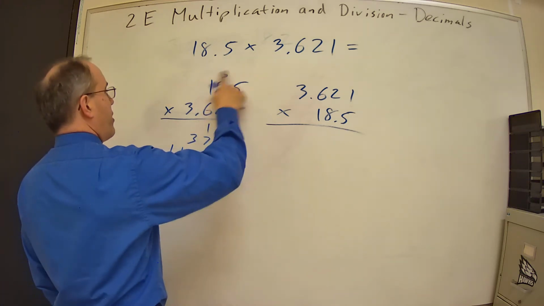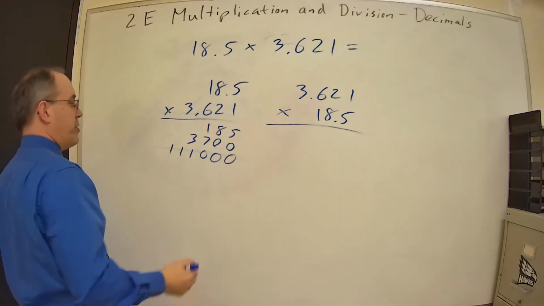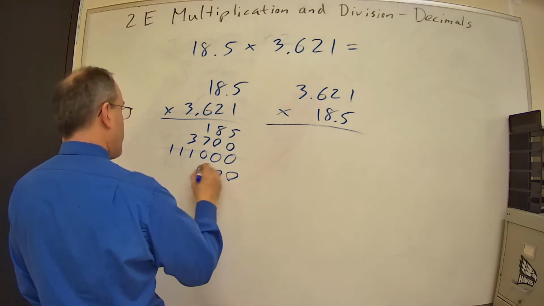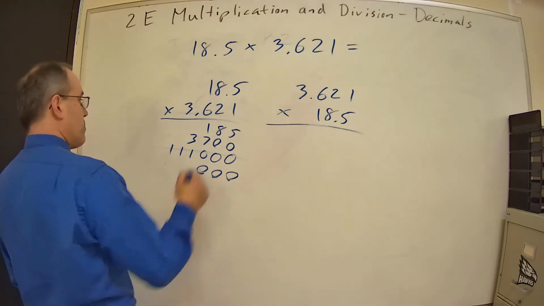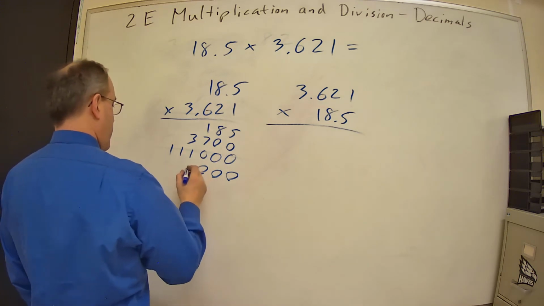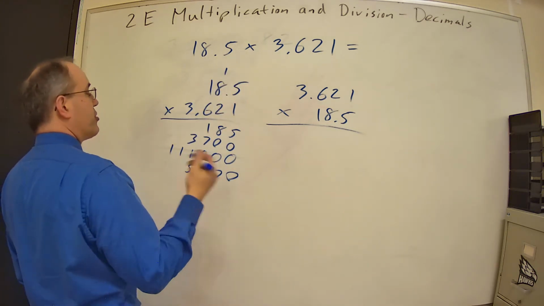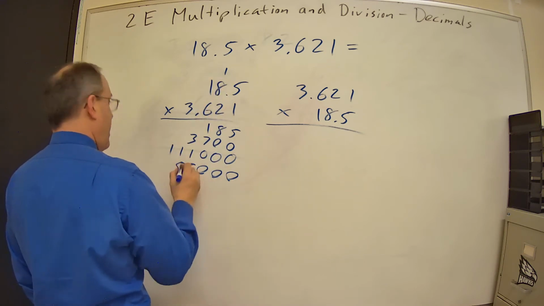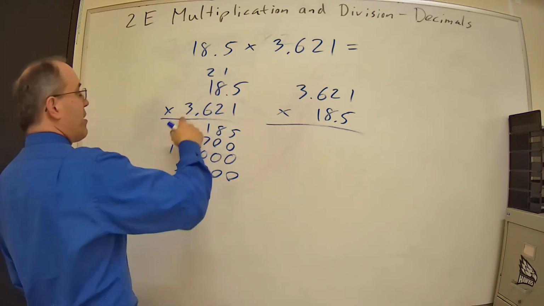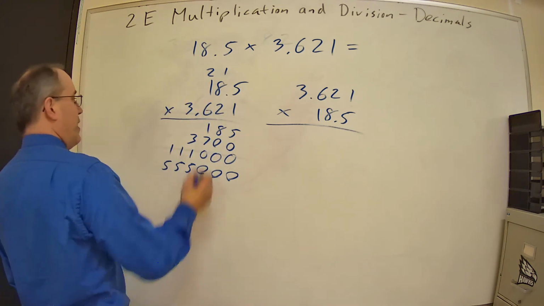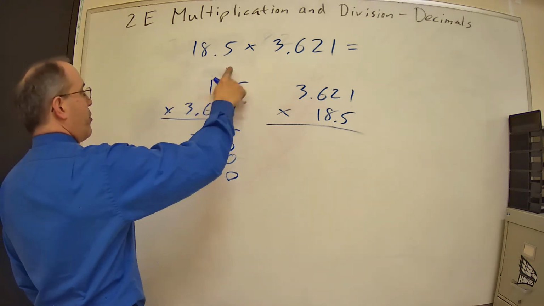Get rid of those carries, and now I want to get over to that 3 there, so I'm going to put 3 zeros in here. 3 times 5 is 15, carry the 1. 3 times 8 is 24, plus 1 is 25, carry the 2. 3 times 1 is 3, plus 2 is 5. And now I've gone all the way through. I'm just going to get rid of those carries out of habit.